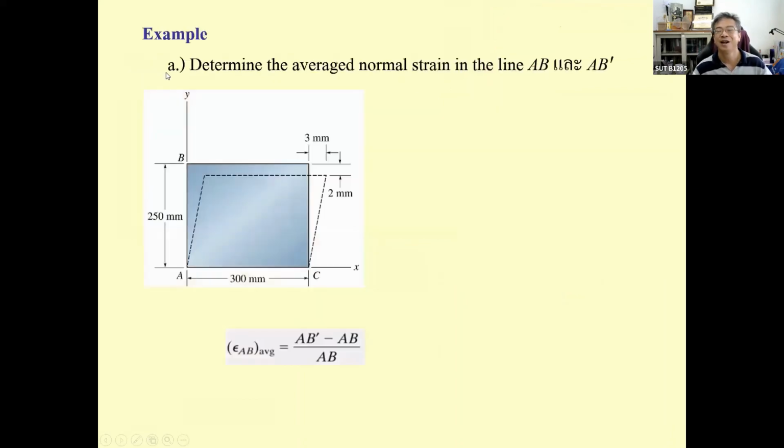Again, the shear strain is going to be determined from the equation such as pi over 2 minus theta star, and the normal strain is the deformation divided by the original length.